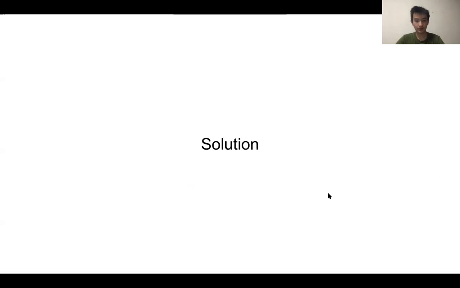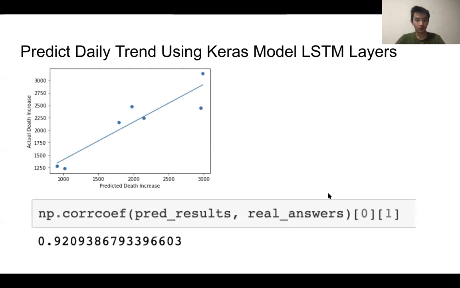So here's the solution. We will be predicting the daily trend using the Keras model, specifically using LSTM layers. You can see on the graph on the left is actual death increase over predicted death increase. And you can see that the best fit line is very close to the y equals x line, which is completely diagonal. What this means is that each of these x and y values are very close to each other, which means that the actual and predicted are very similar.